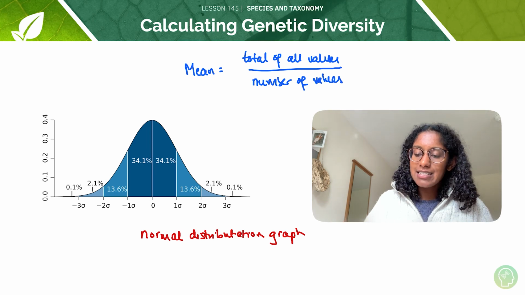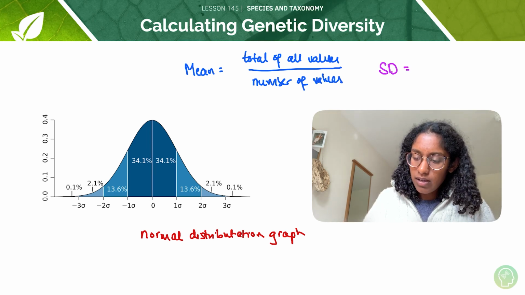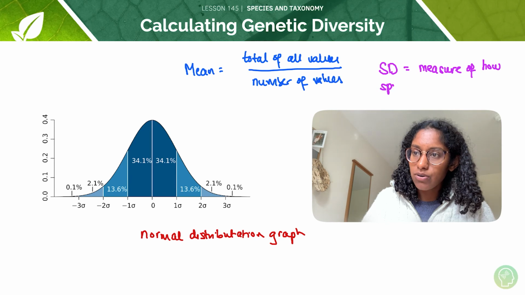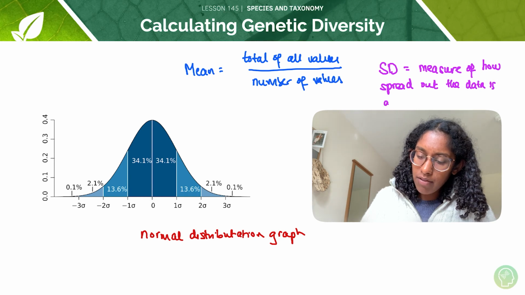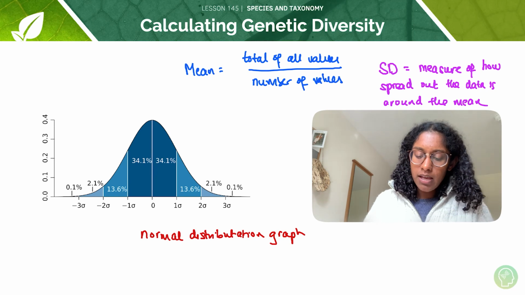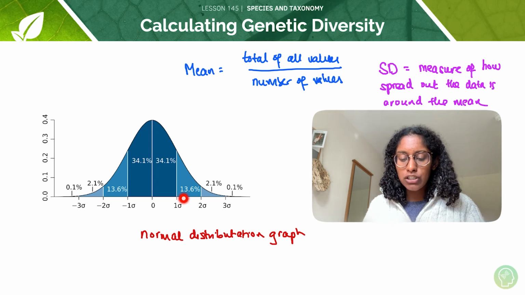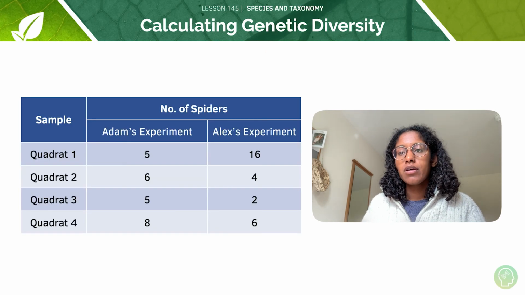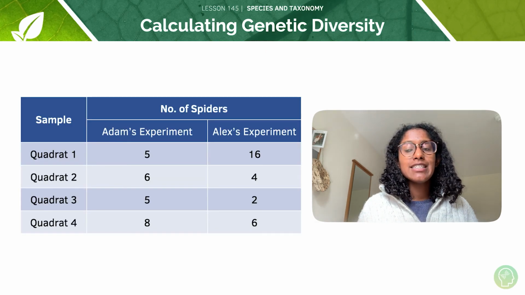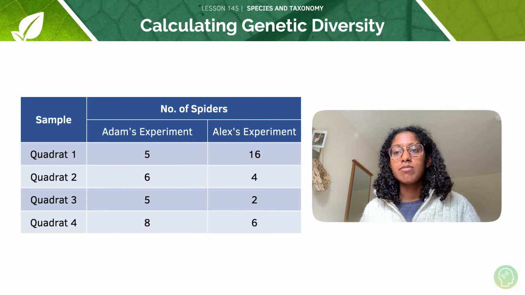Now, our standard deviation is a measure of how spread out the data is around the mean. So the standard deviation is a measure of the spread of our data around this mean. When drawing conclusions, we need to measure how significant the difference is between samples.